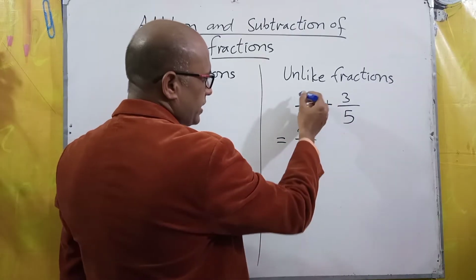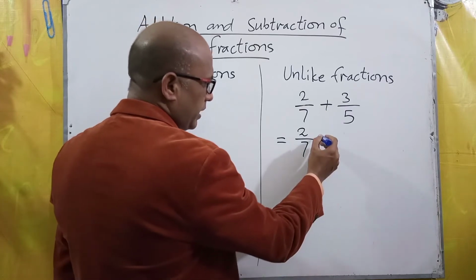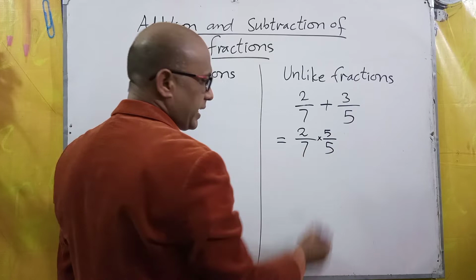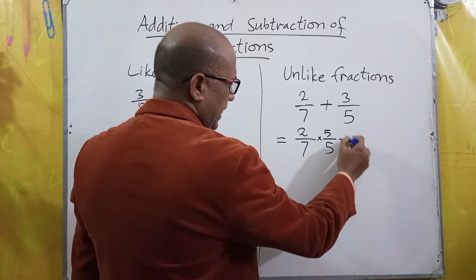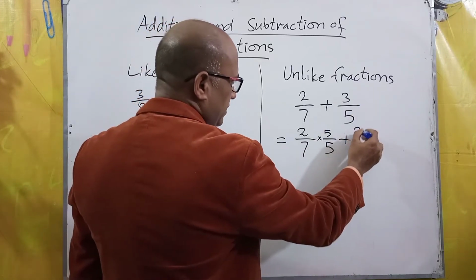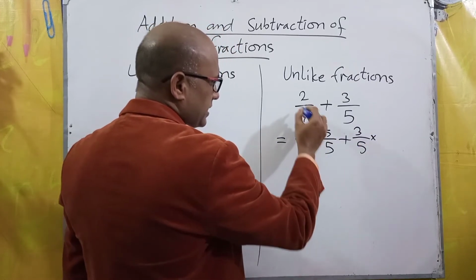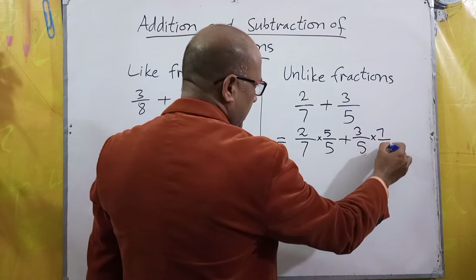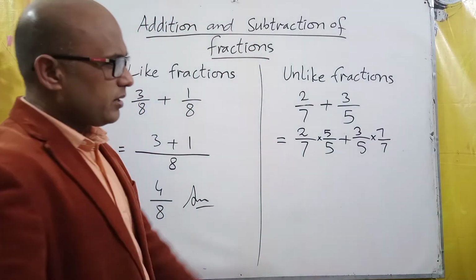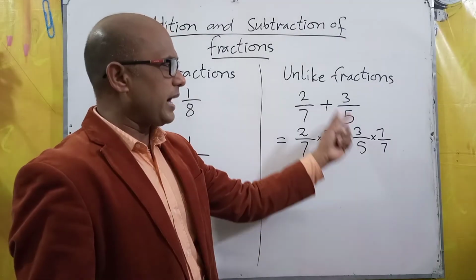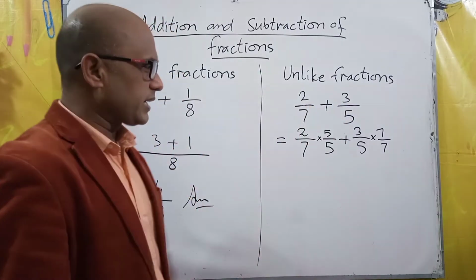That means this fraction would be multiplied by 5 over 5, and this fraction would be multiplied by 7 over 7. 7 by 7 and 5 by 5 will be multiplied with these two fractions.